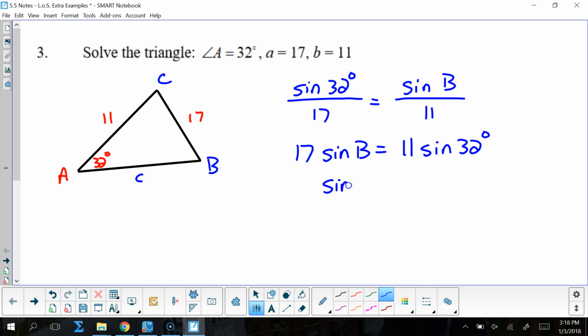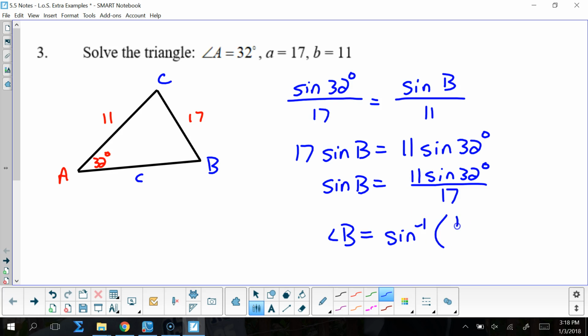So the sine of angle B is 11 sine of 32 degrees divided by 17. I need to find the angle, so angle B is going to be the inverse sine of that.